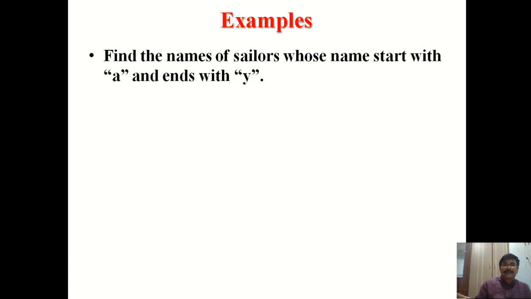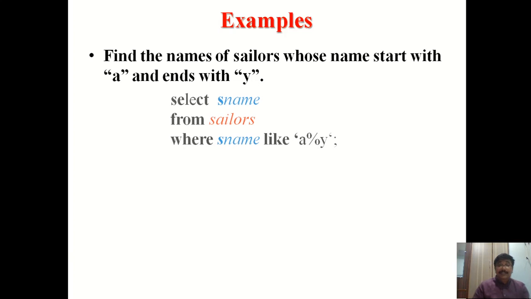A percent Y means the name starts with A and ends with Y, and in between there may be 0 or more characters. If there are no characters, it is simply AY. If there are characters, they can be placed in between. So for this query we can write: select sname from Sailors where sname like 'A%Y'. This is the way we can write the query, and it displays names that start with A and end with Y.